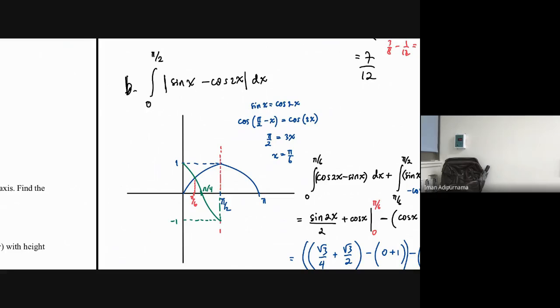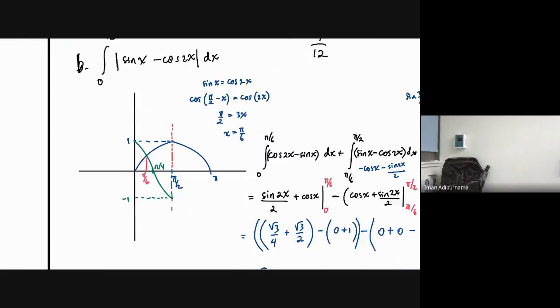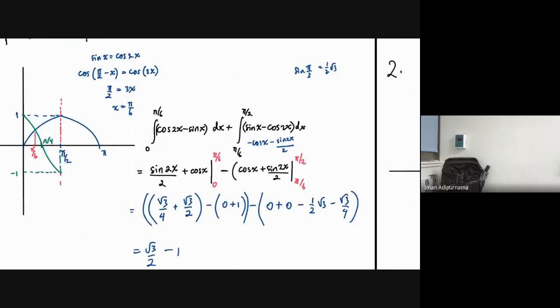Now you need to calculate carefully. The integration of cos 2x is sine 2x over 2. Sine becomes negative and it becomes plus. And this is sine becoming negative, so I put negative outside.